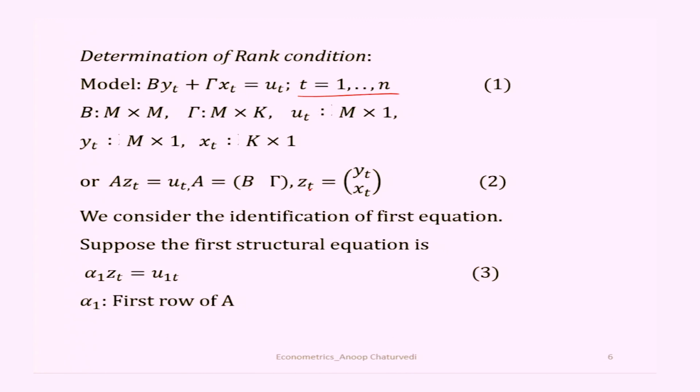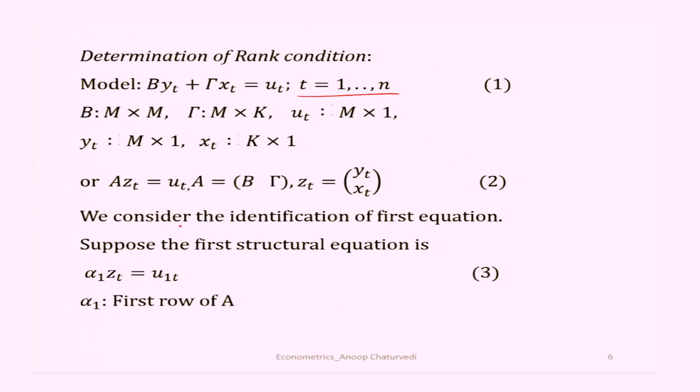Then suppose we write z_t equal to (y_t, x_t) and A equal to (B, gamma). Then we can write equation 1 as A z_t equal to u_t, because A z_t is equal to B y_t plus gamma x_t.